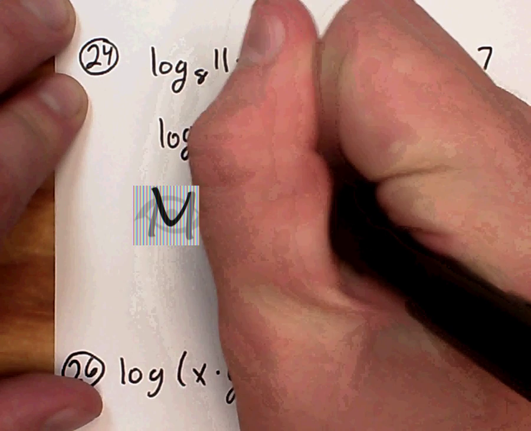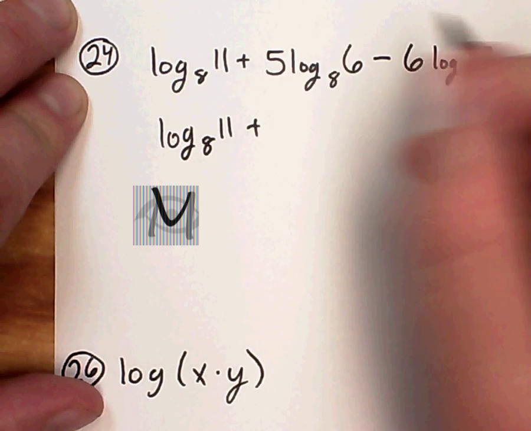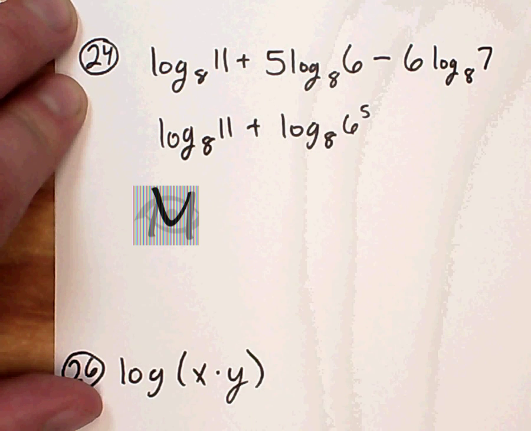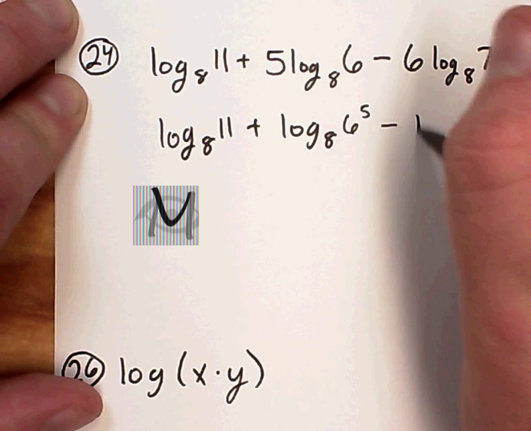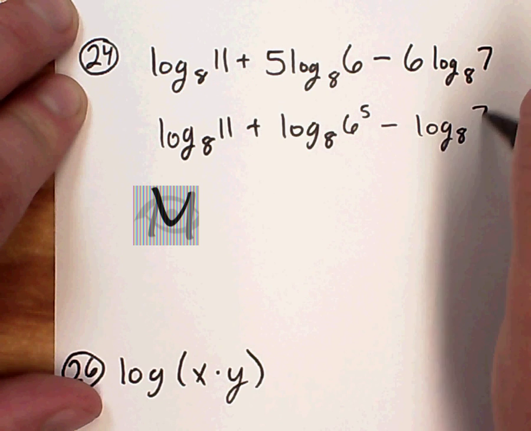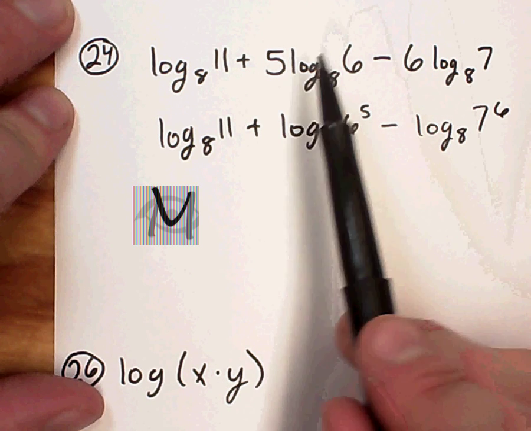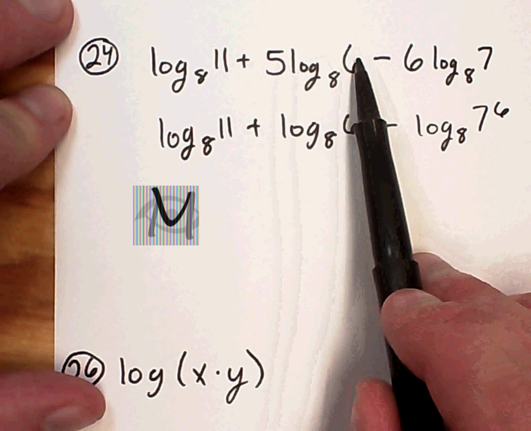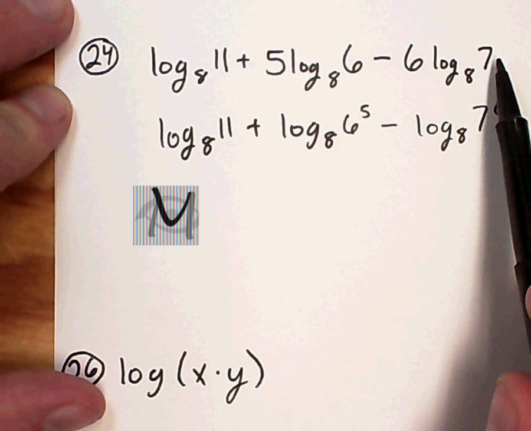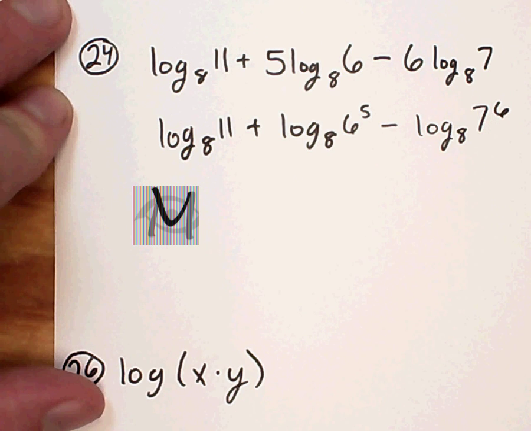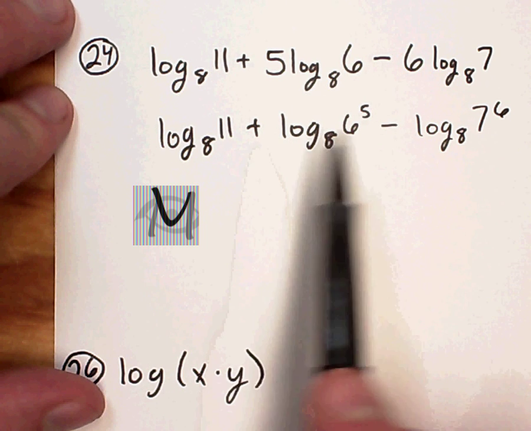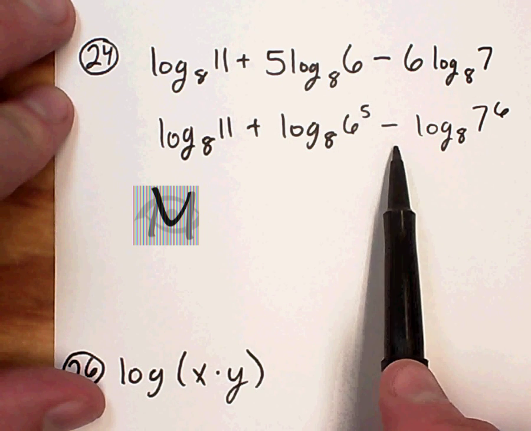So log base 8 of 11 plus log base 8 of 6 to the 5th power, minus log base 8 of 7 to the 6th power. You see how this 5 went to the 6th power here? This 5 went to the base number 6, and this 6 went to the base number 7 as its exponent. Now, addition means multiplication with exponents, and subtraction means division.